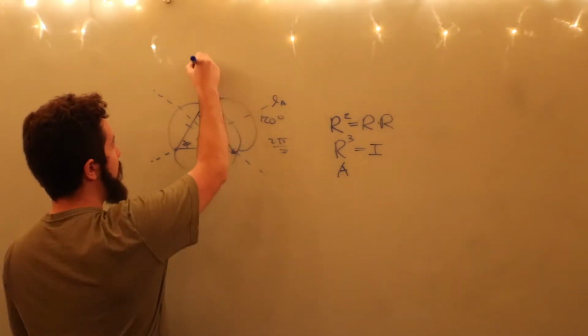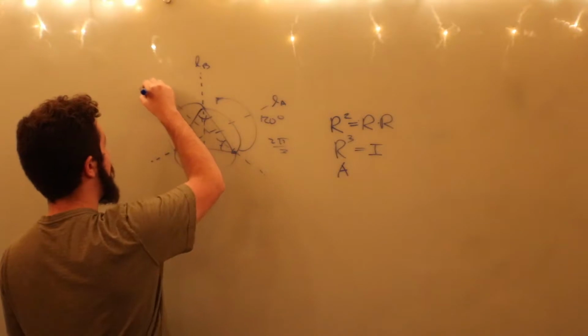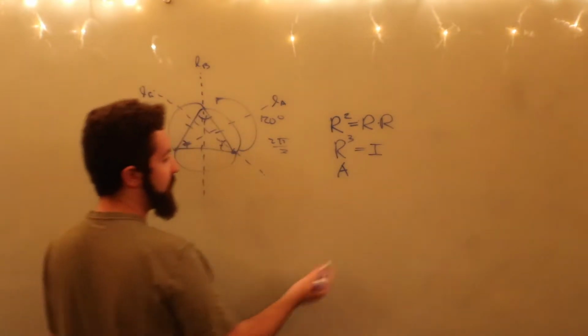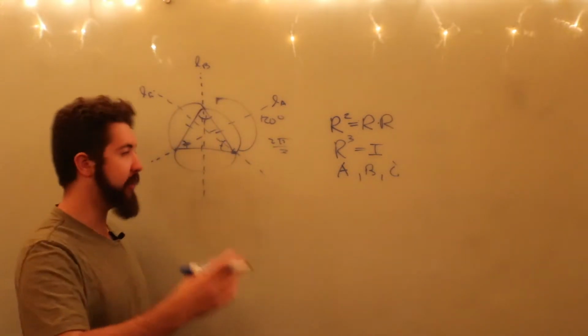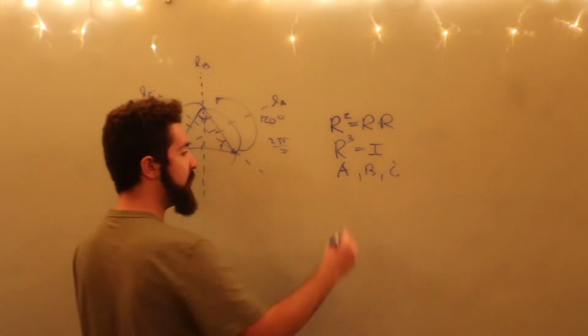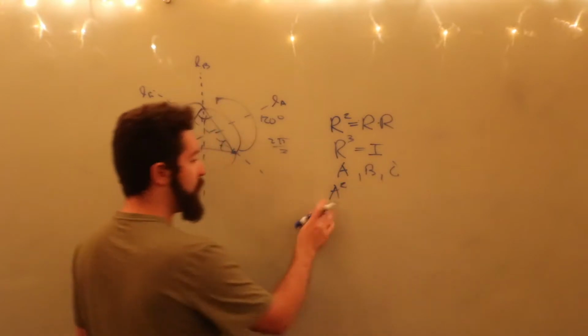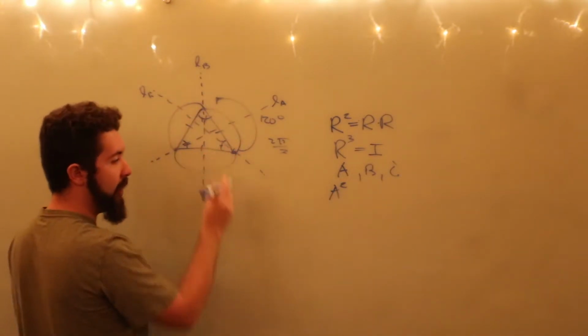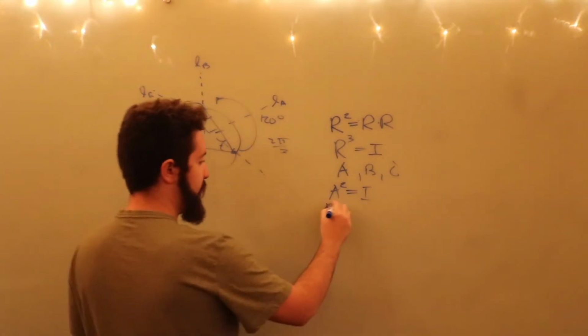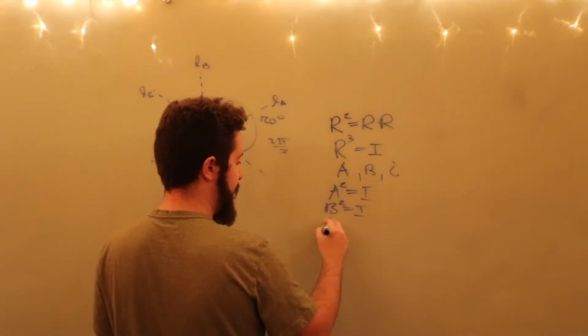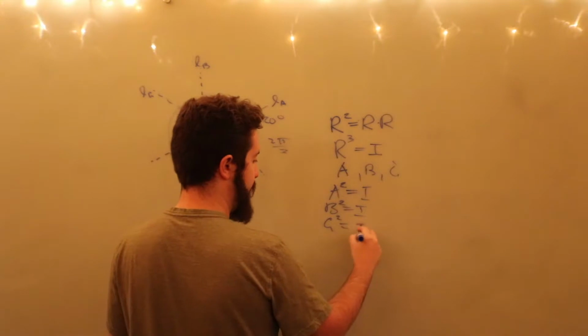Reflection about this axis, L_B, and this axis, L_C, similarly, we're going to have a, b, and c are our 3 reflections. Okay, and we notice that if you apply any reflection twice successively, this is also going to be equivalent to doing nothing. So b squared is equal to I, c squared is equal to I.